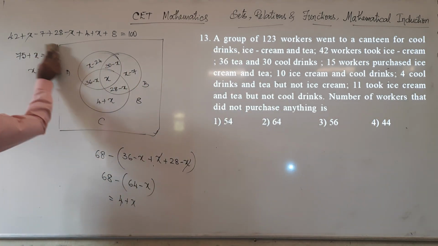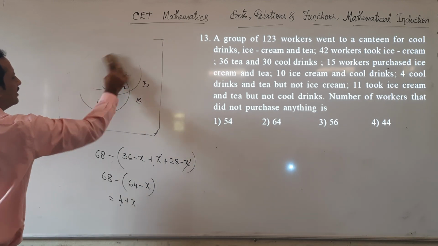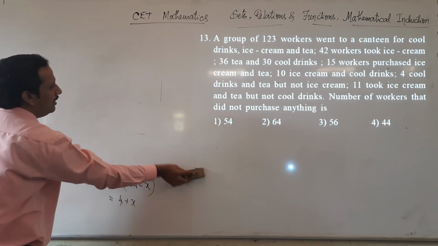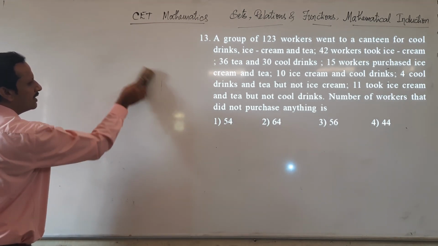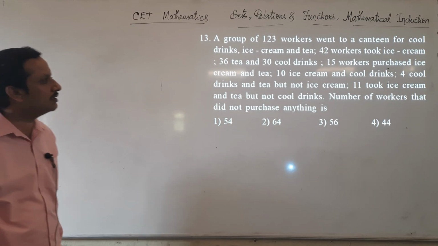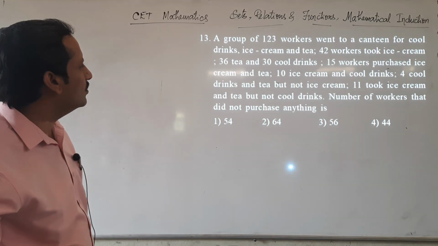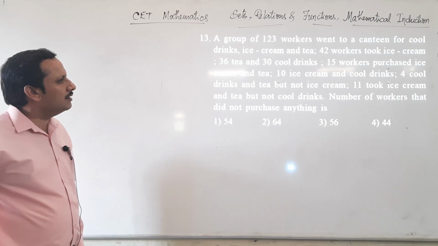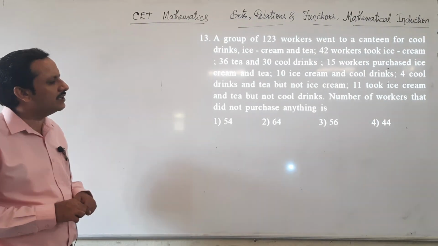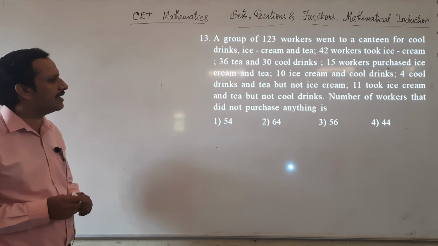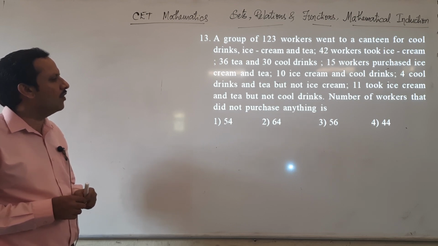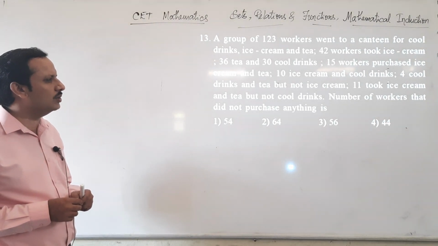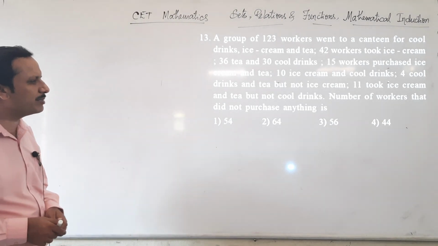A group of 123 workers went to a canteen for cold drinks, ice cream and tea. 42 workers took ice cream, 36 took tea and 30 cold drinks. 15 workers purchased ice cream and tea, 10 ice cream and cold drinks, 4 cold drinks and tea but not ice cream. 11 took ice cream and tea but not cold drinks. Find the number of workers that did not purchase anything.